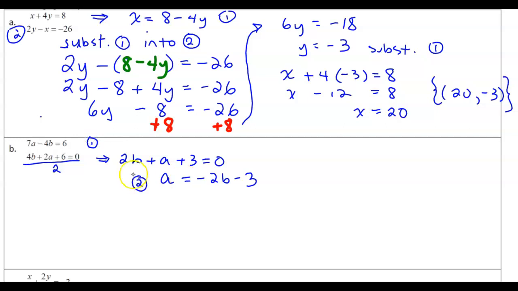That's all. So I'm going to substitute this into equation 1 this time. Because that's equation 2, and it's got to go into the other equation. You can't put it back into the same equation. Okay, so you're putting 1 into 2? I'm putting 2 into 1.